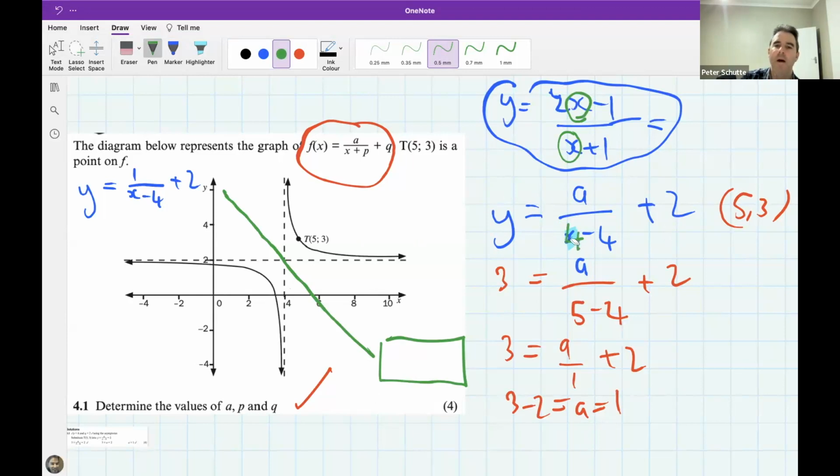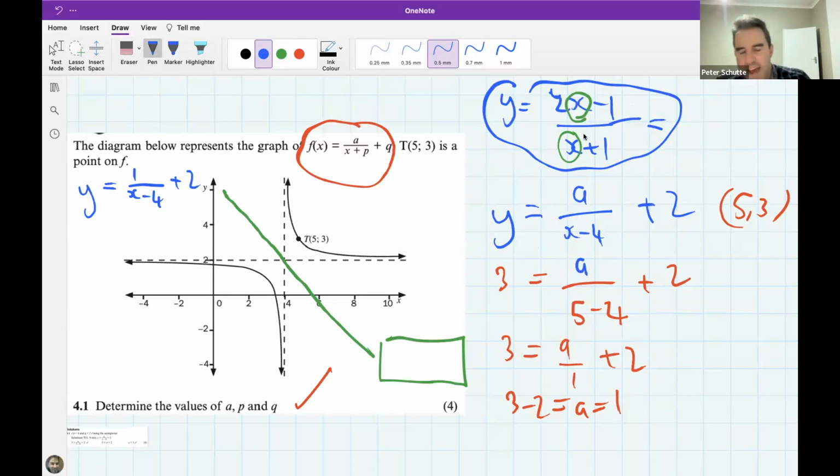If you had something else there, it wouldn't work properly. If you put x plus 4, then when you put a 4 in, you wouldn't get 0, you would get 8, and that doesn't cause an asymptote. So to get an asymptote, the value, when you put it in, has to cause division by 0. I hope that helps.